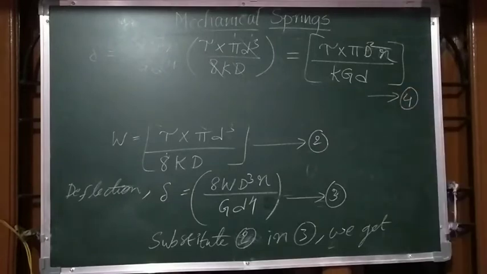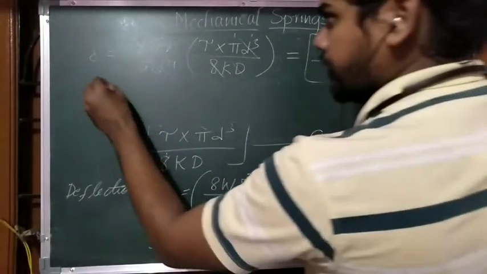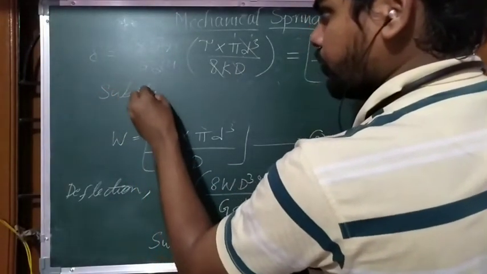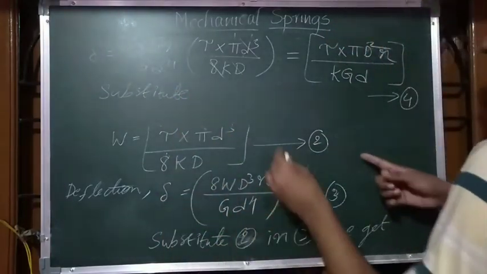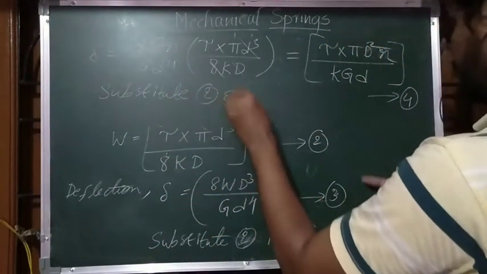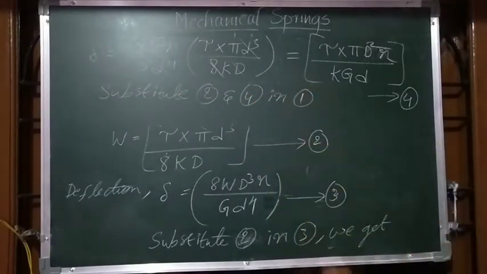Just some calculations, nothing difficult. Now we have W and delta. Substitute 2 and 4 in 1. One means the fundamental strain energy equation, U is equal to half W into delta.